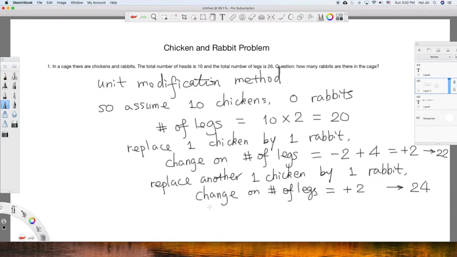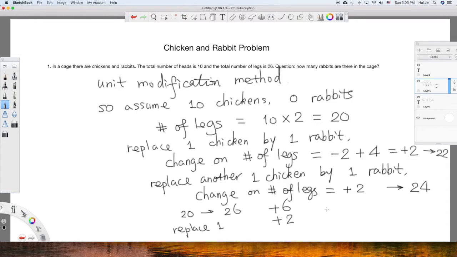Okay, so replacing one chicken by one rabbit, the total number of legs increases by 2 every time. So how many steps do we need? Only 3 steps, because from 20 to 26 we need to increase by 6, and each replacement increases it by 2.